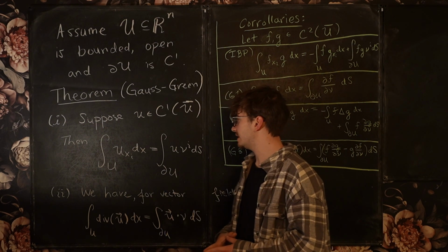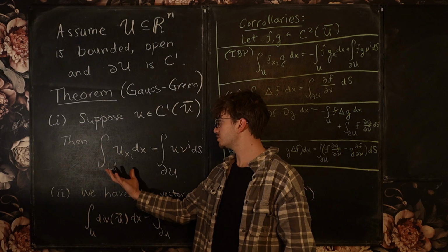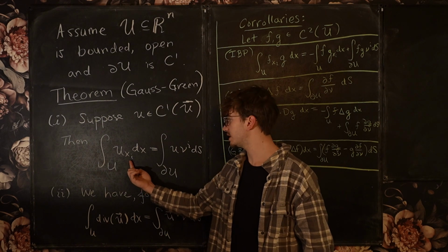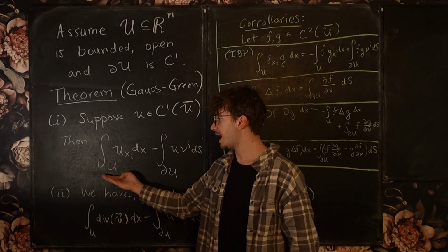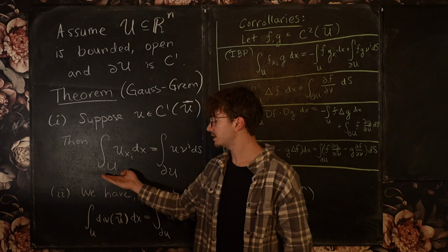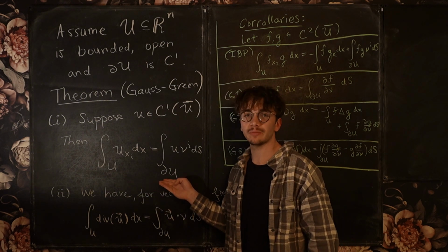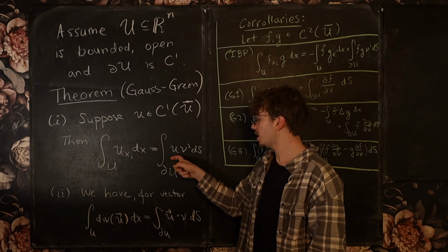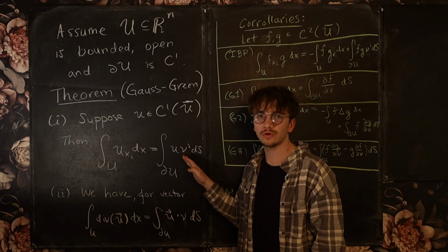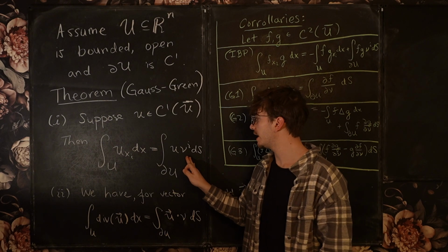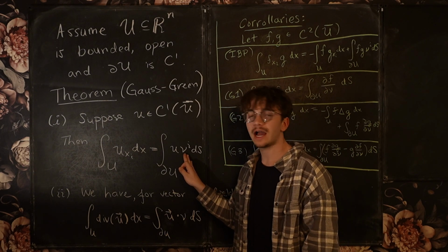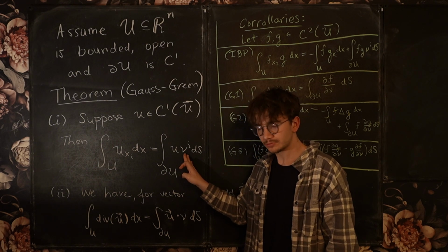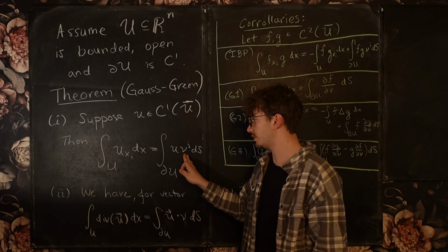And our theorem states that if we integrate the partial derivative of the function u with respect to the ith coordinate in x over our entire open set, this is equal to the integral over the boundary of our set of the value of the function u on the boundary multiplied by the ith component of the outward normal vector to the boundary, okay?